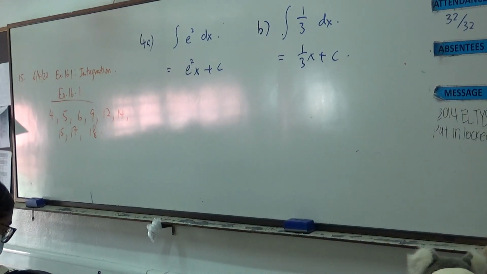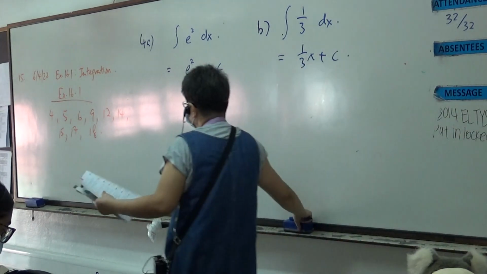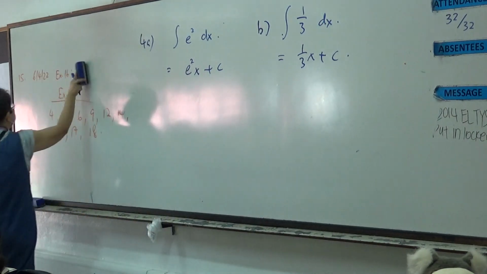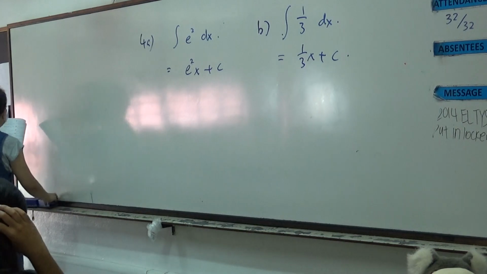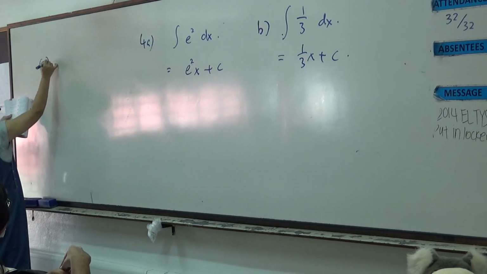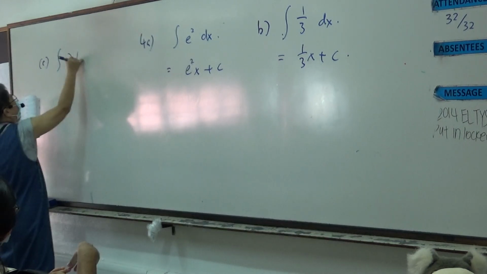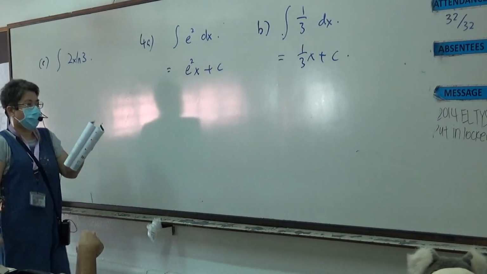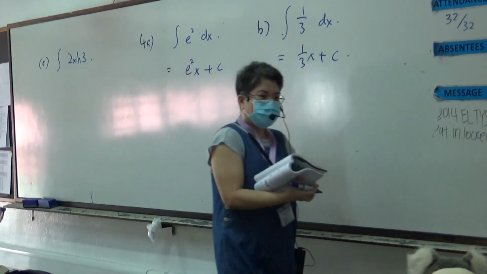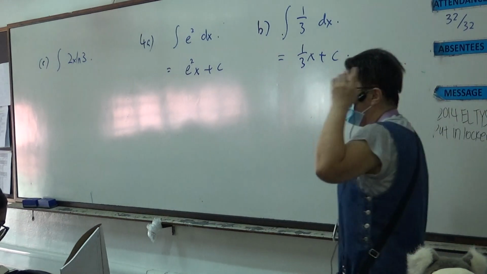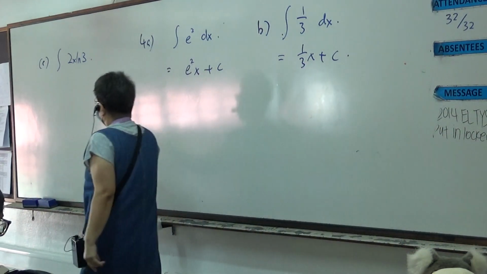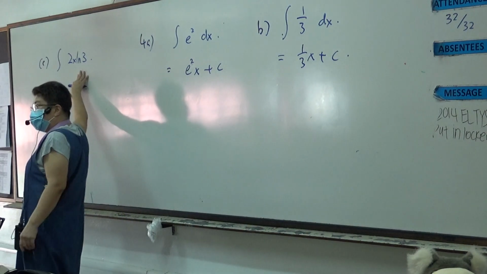Part C. Wow, something about using the product rule. Please, integration has no product rule. Okay, I want you to realize something. What do you mean by 2x ln 3? 2 is a constant, right? Do you agree ln 3 is also a constant?